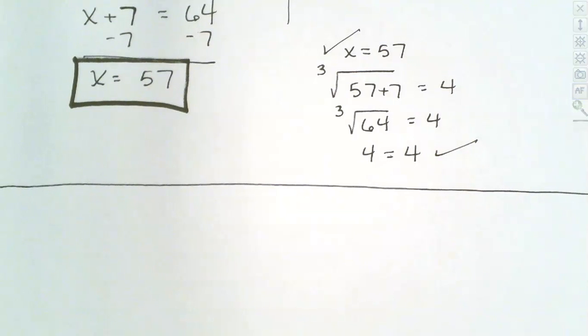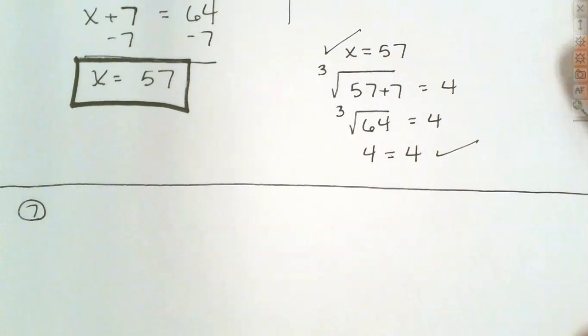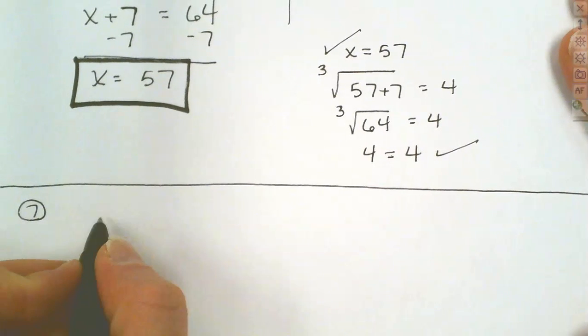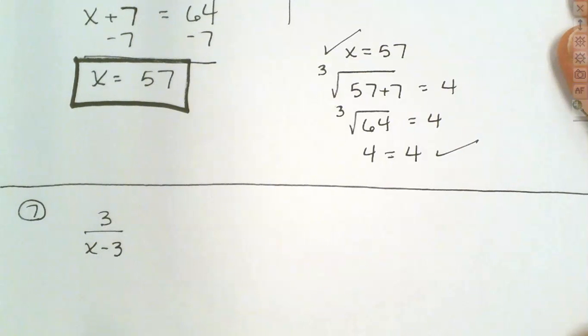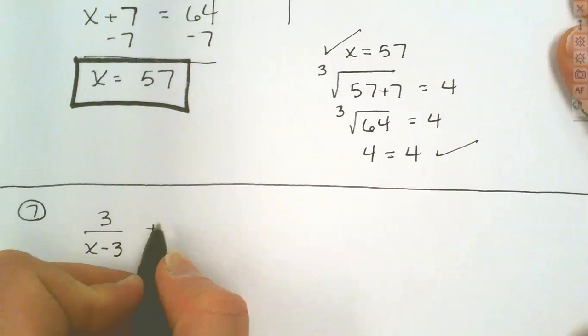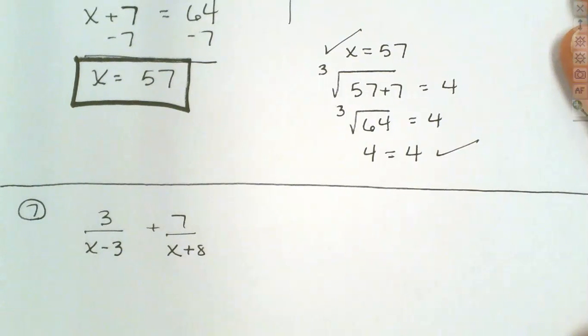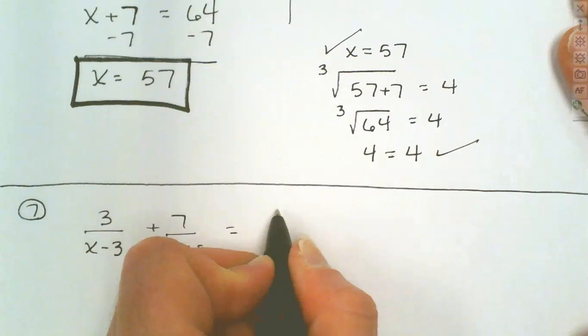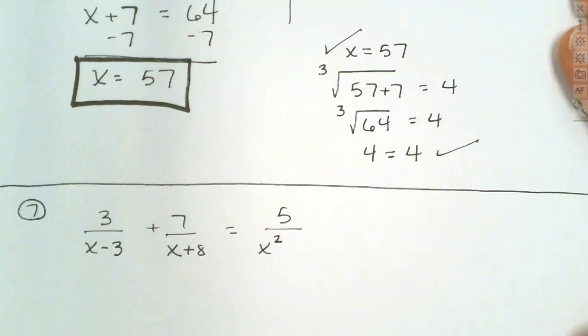Question 7 involves fractions. And with fractions, we need to find our division by 0. Because remember, we cannot have division by 0. And we're going to begin by factoring these denominators.